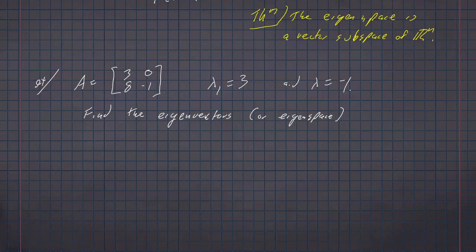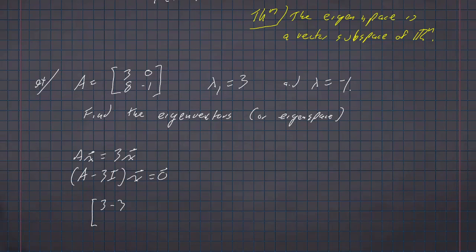So when lambda is equal to 3, we have that Ax is equal to 3x. And as we've seen before, we can rearrange this and write it as A minus 3I times x is equal to the 0 vector.